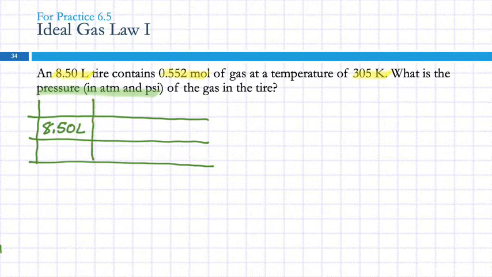Is that P, V, n, or T? That's V. We know because liter is a unit of volume. Next number is 0.552 moles, and that is n, amount of gas in moles. Next number, 305 Kelvin.